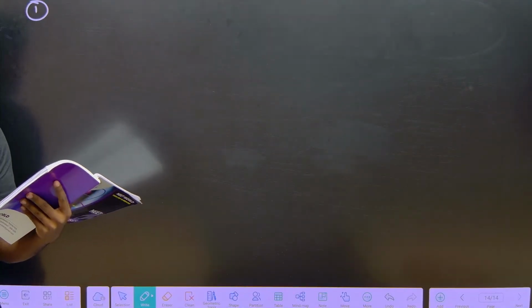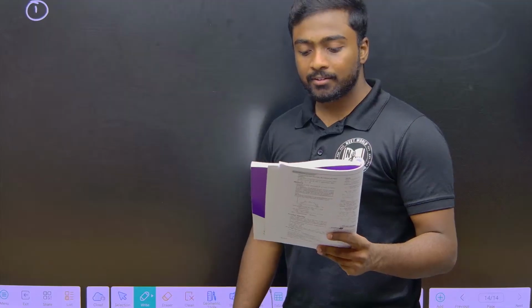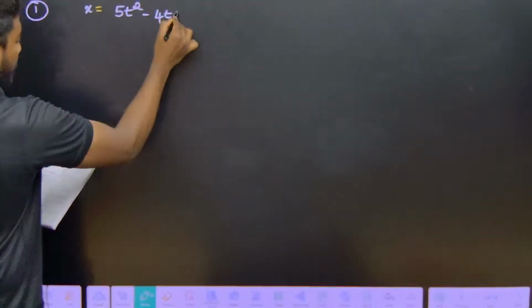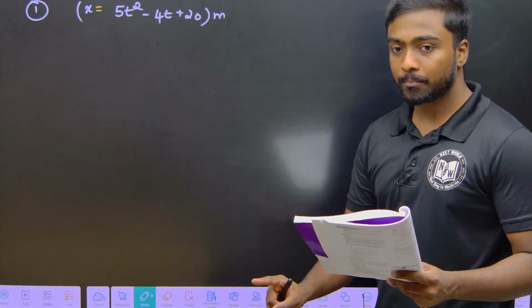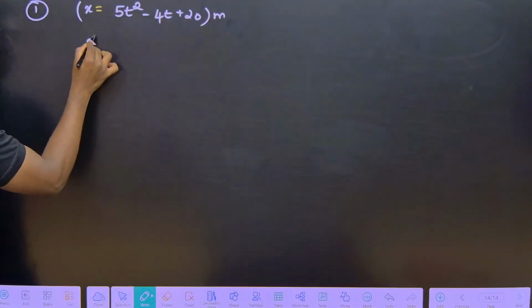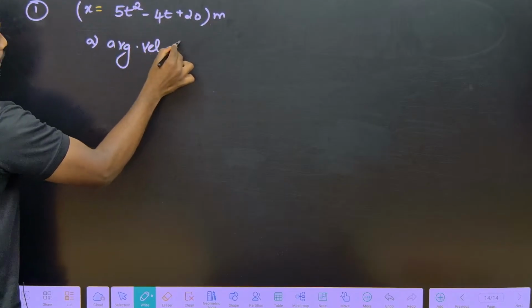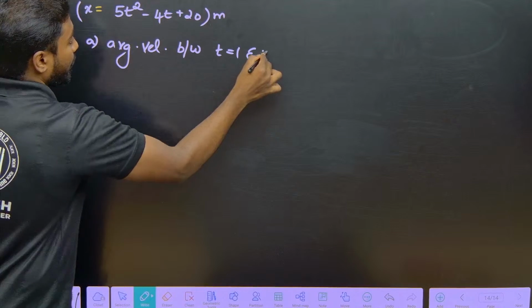The first question: the position of a particle moving along the x axis is given by x is equal to 5t square minus 4t plus 20 meter, where t is in seconds. The first part is to find the average velocity between t equals 1 and 3 seconds.